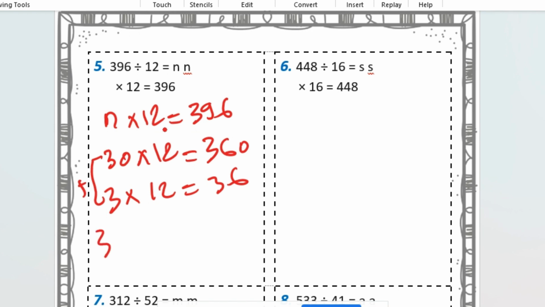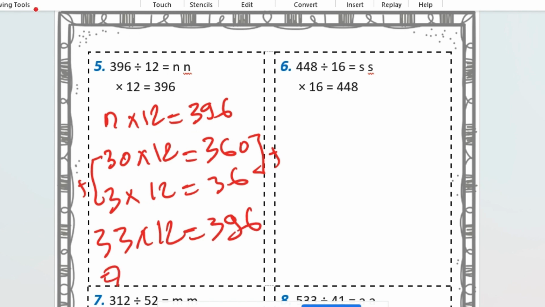We will have 33 times 12 equals, let's just add these two together, 396. Which means that our n equals 33.